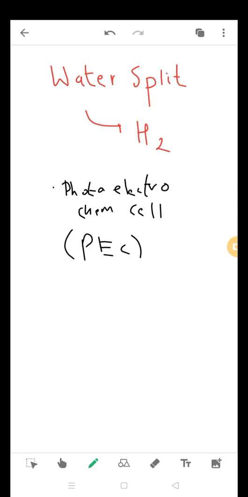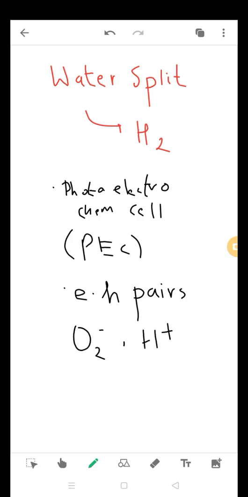Now, in this cell, there is generation of electron and hole pairs, and there is formation of O2 minus and H plus. So you can see that there is a formation of electron and hole pairs in these materials.